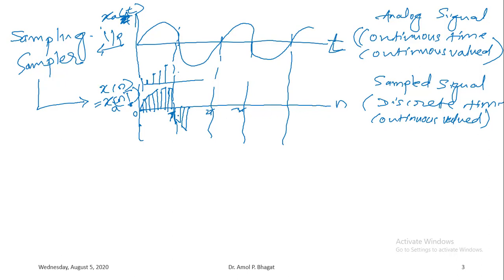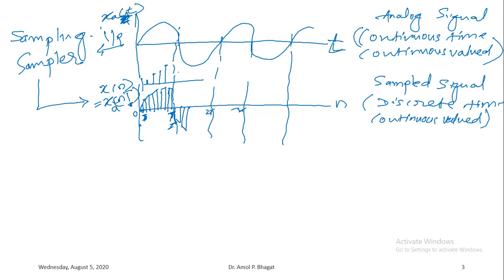So after every capital T time interval, these samples are occurring. There is some interval between the occurrence of each amplitude value.